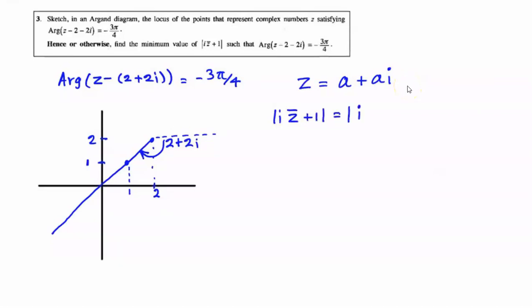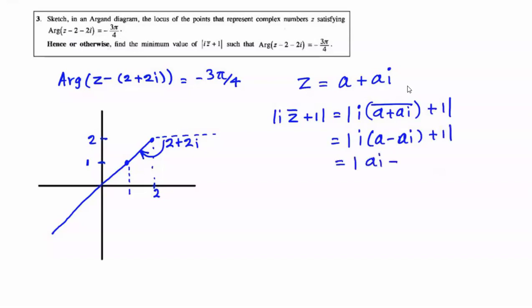So replacing my z with a plus ai, the conjugate, I get just i times a minus ai, plus 1, and this is ai times negative ai, which is a squared, plus 1. So you see we have the absolute value of a plus 1 plus ai as the complex number inside there.